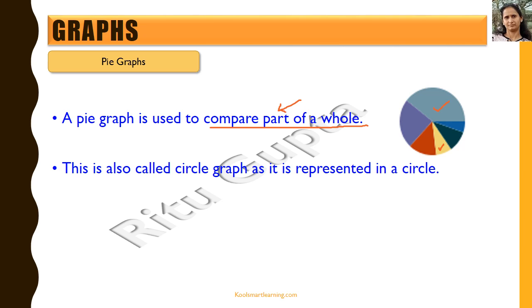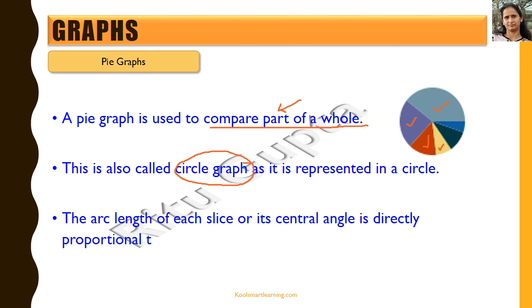And these are also called circle graphs. Although the commonly used term is pie graph, they're also called circle graphs because they are represented in a circle. The circle is always considered to be the whole, and then based on the part of it, we'll call it a pie graph, and it shows how much part of the whole it is.